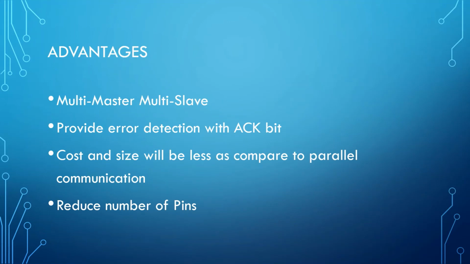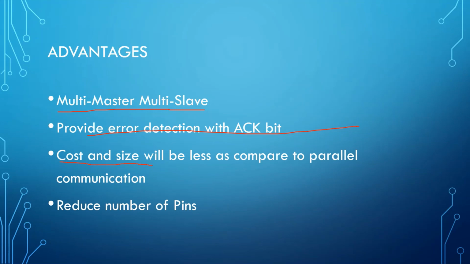So the advantages of I2C are that it's a multi-master, multi-slave protocol. It provides error detection with the acknowledgement bit after the data transmission, which is in the direction opposite to the data transfer. It's also cost effective, and size will be less as compared to parallel communication.